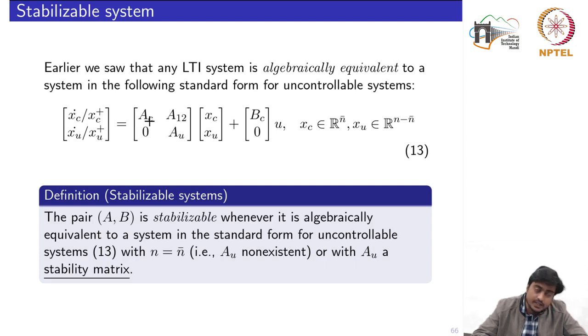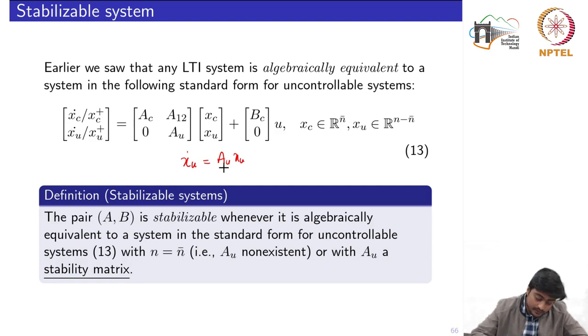the dimension of this AC matrix is n bar cross n bar, and this XC is the controllable states. Now XU is the uncontrollable states. If I write the equation for the uncontrollable mode, it would be XU dot is equal to AU XU, and this is nothing but your homogeneous system, which is not at all influenced by any input. Now the state XC is controllable, so it does not matter whether the eigenvalues of the AC matrix are on the left hand side or on the right hand side.